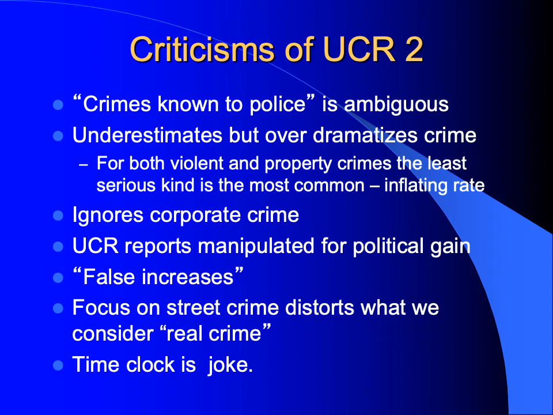And then lastly, they use something called the time clock, and that's a joke. So basically, what it says is that last year, for your choice of crime, an aggravated assault occurred every 3 minutes and 42 seconds. Well, the issue is that it compresses it into one 24-hour period.